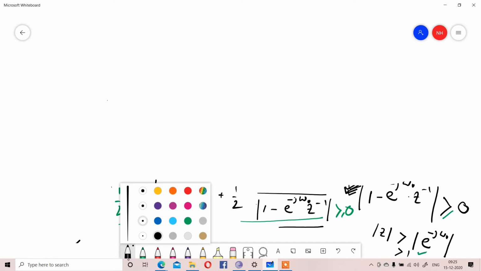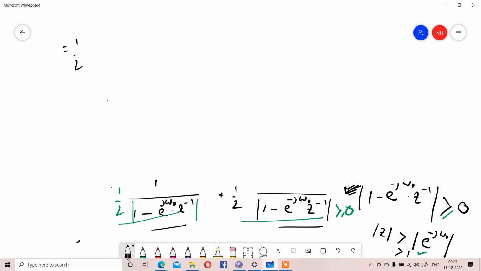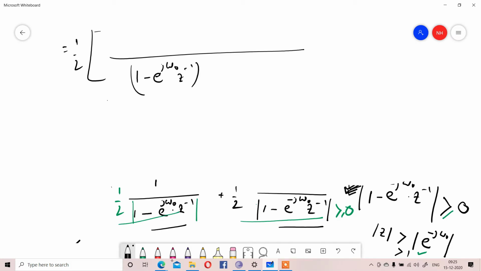Just make half common and add both the parts. So what will be? Simply 1 minus e to the power jω₀ z inverse, that is the first case. Second, 1 minus e to the power minus jω₀ z inverse, that is your second case.